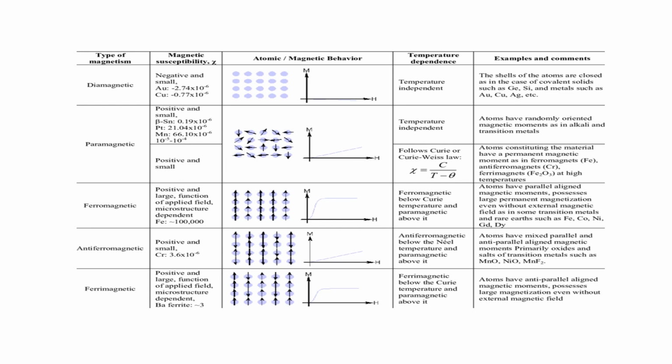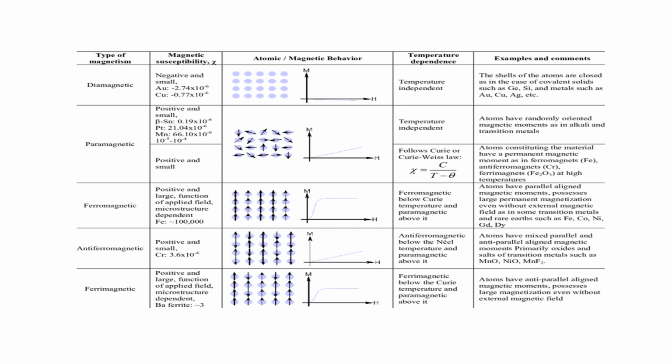Then paramagnetic, it is positive and small. You can see random distribution of spins before the field is applied. Once the field is applied, they try to align themselves along the applied field direction. So you can see in M and H, the slope is positive but of smaller value.